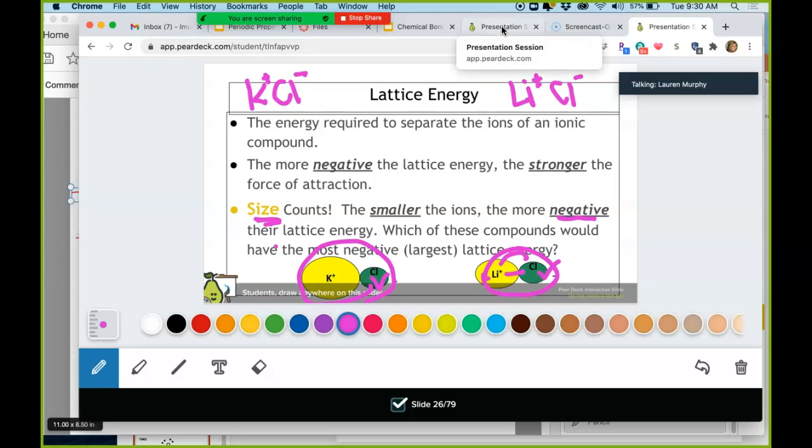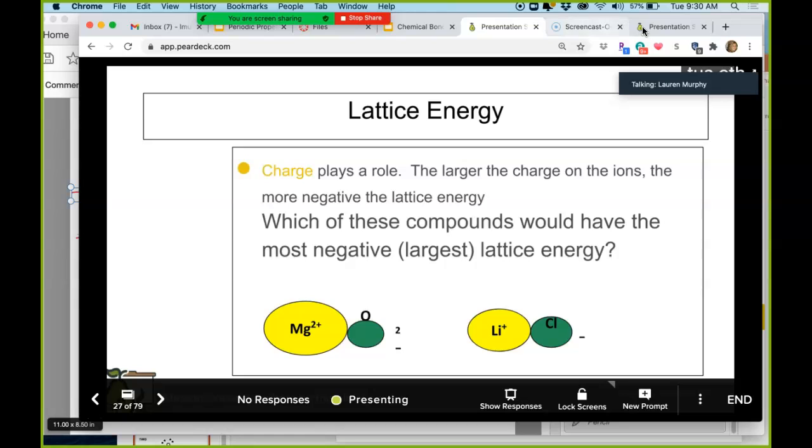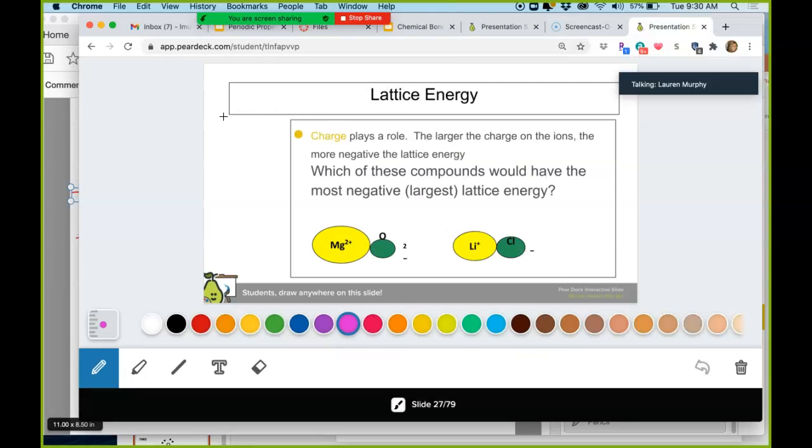Now, because we're talking about ions and ions have charge, meaning positive, negative, charge also plays a role. So again, this is kind of funky. So look, magnesium is a +2 cation, oxygen is a -2 anion.